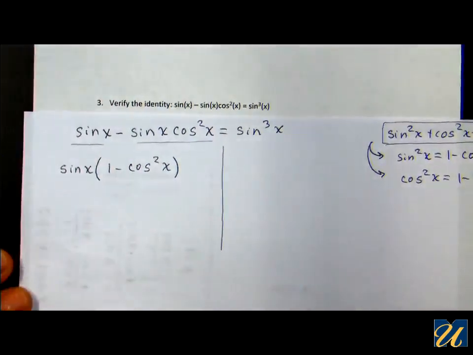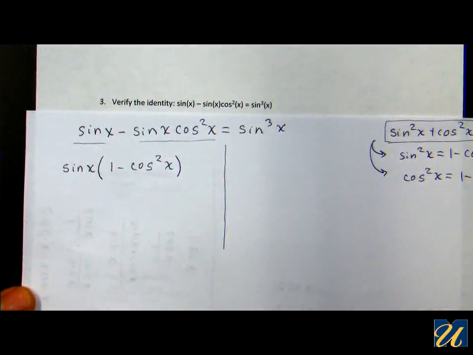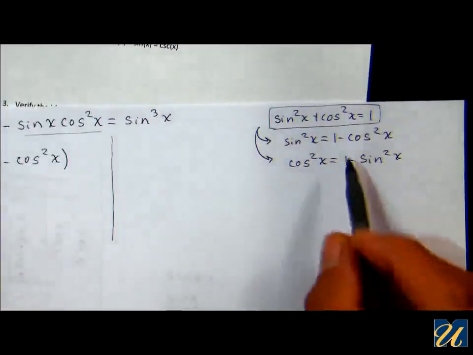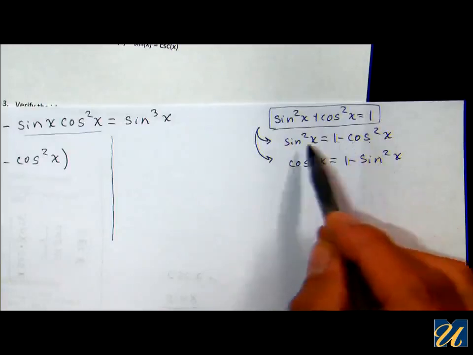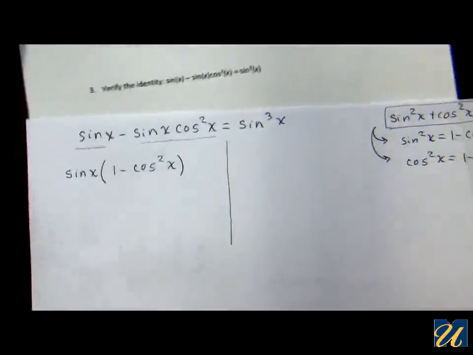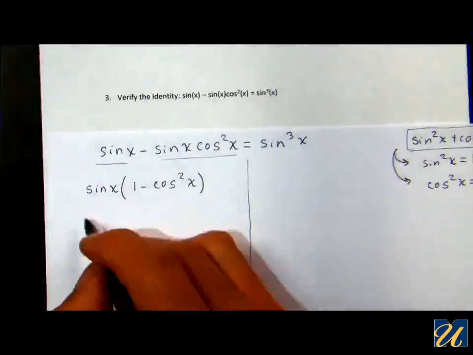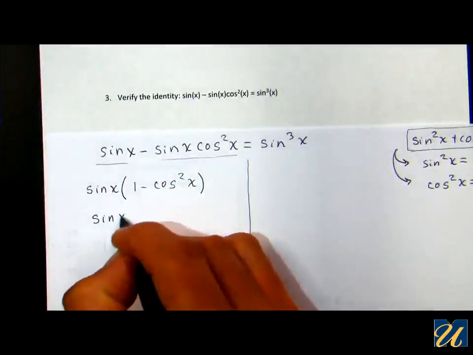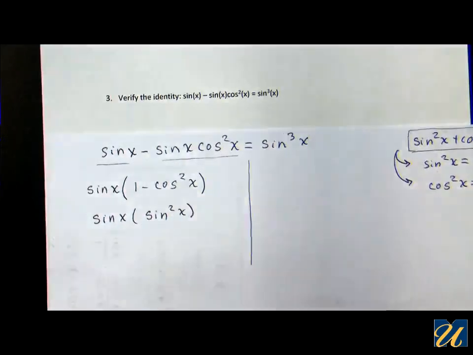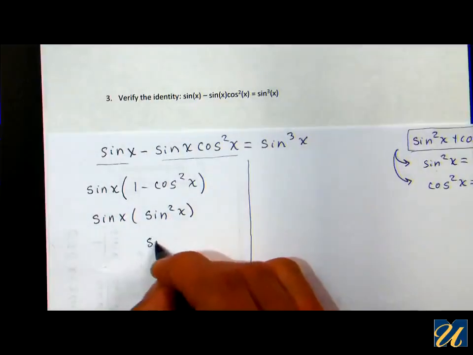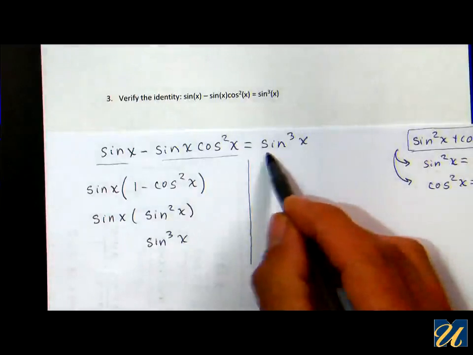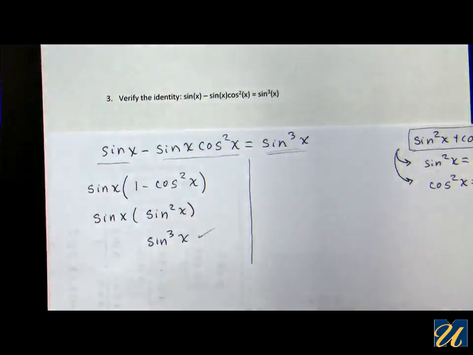That's why I'm making this move, because 1 minus cosine square x is equal to sine square. So I can replace 1 minus cosine square with sine square. Multiplying sine times sine square gives us sine cubed, and that's exactly what we needed to show. So we got it right there.